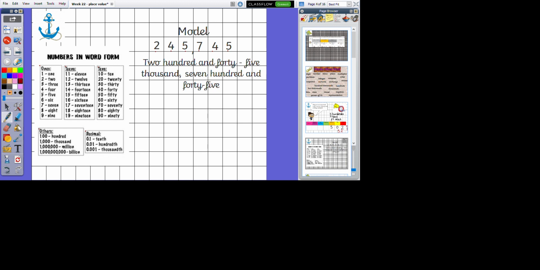So if I say 245,000, then when I say what place value it is, then I need a comma, okay? 745. So you can see I've said that number and written it exactly how I would say it.